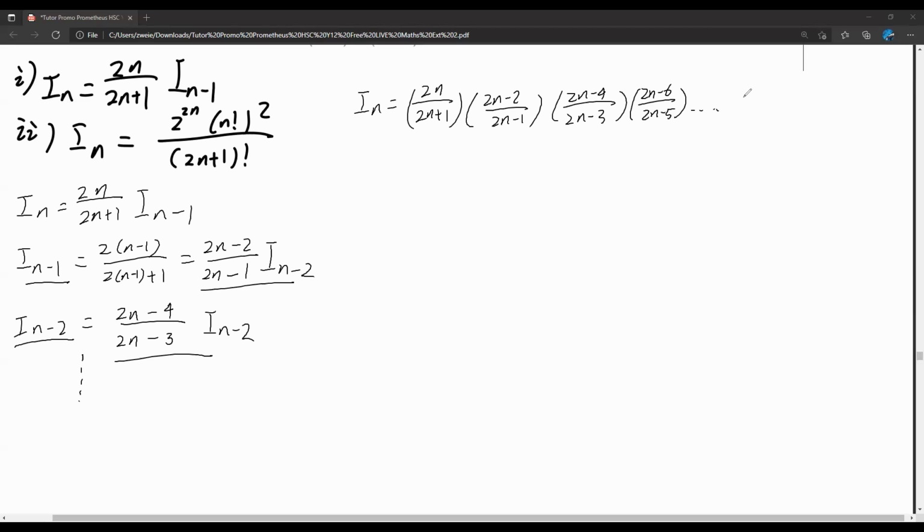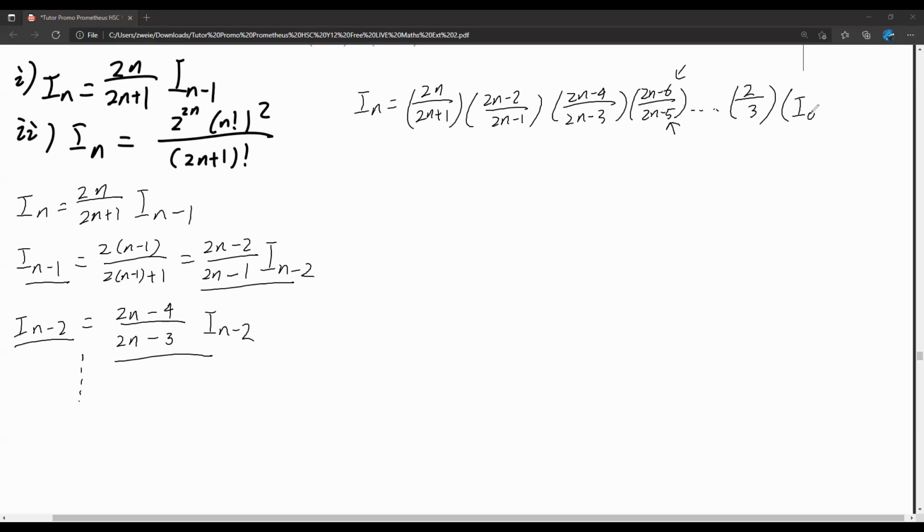You will realize the top is always minusing an even number and the bottom is always minusing an odd number, so the even number on top is 1 less than the odd number on the bottom.